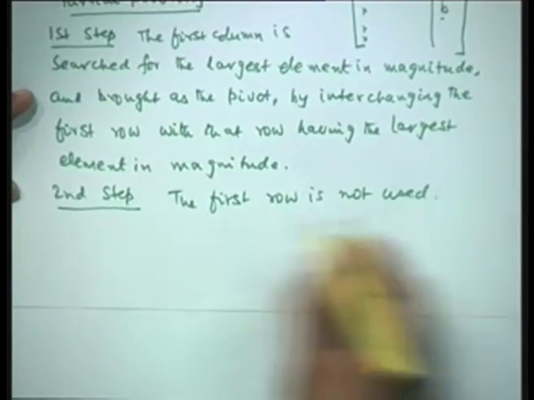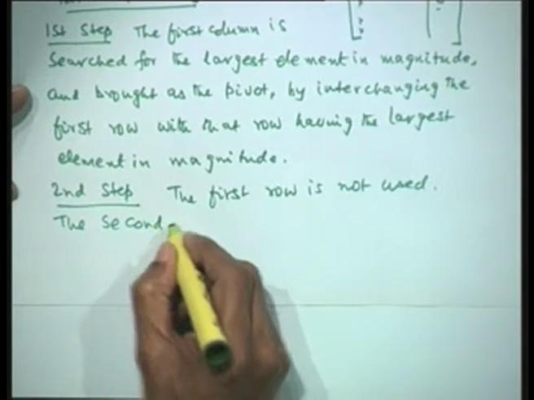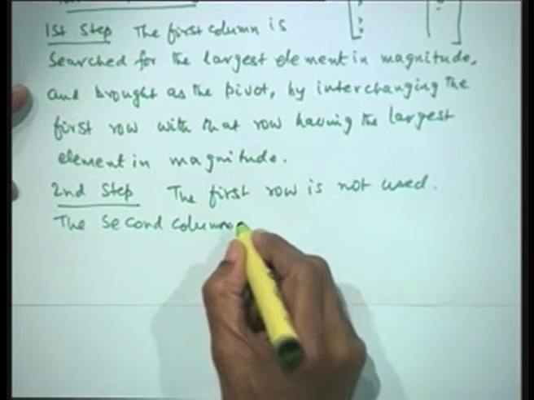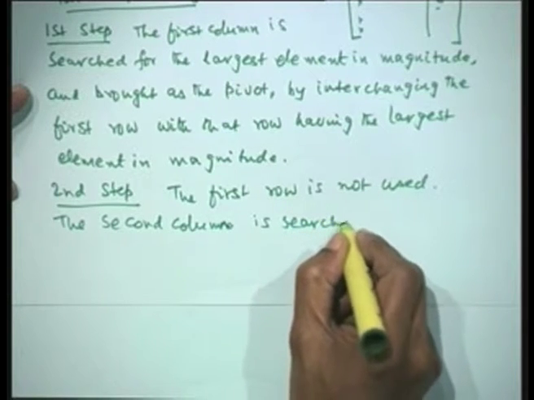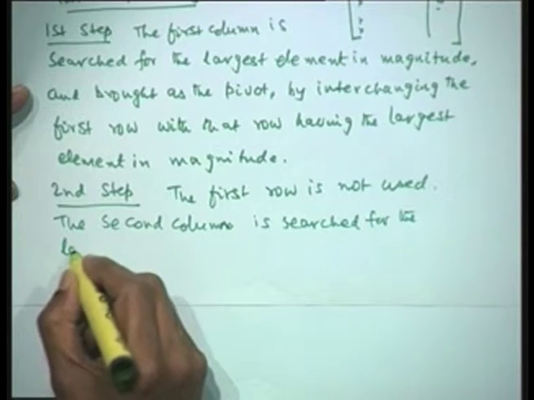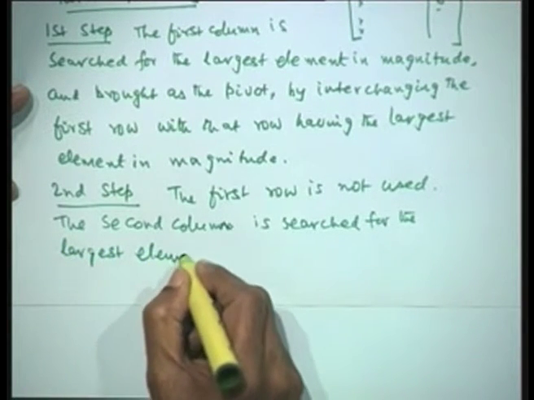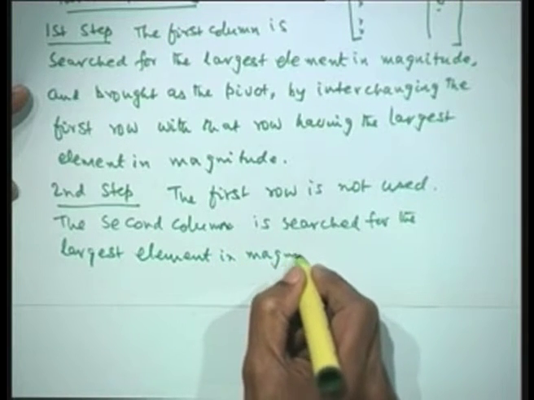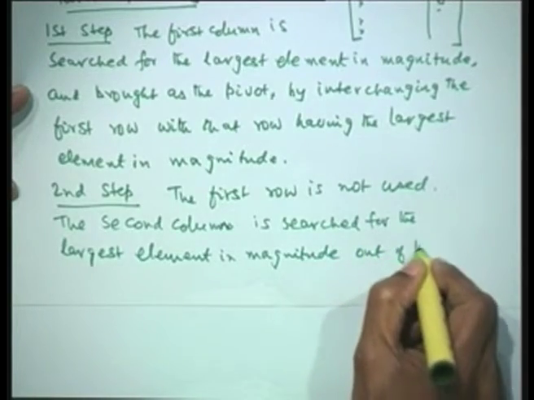The second column is now searched for the largest element in magnitude out of the n minus 1 elements.